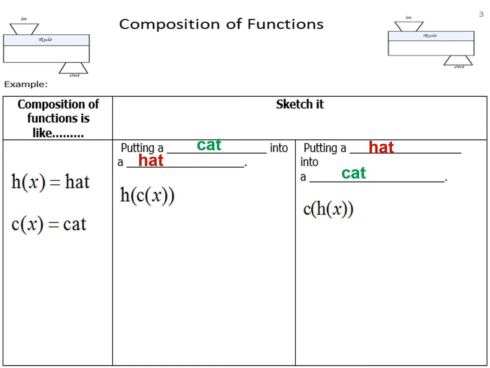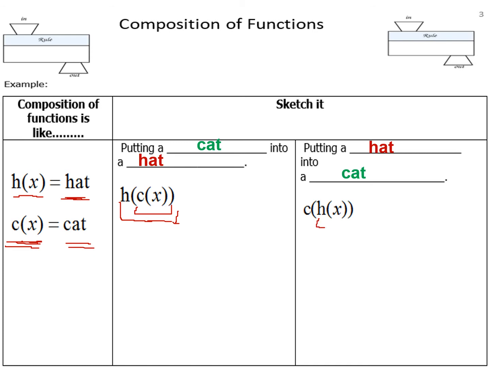So our function h of x is going to represent a hat. Our function c of x is going to represent a cat. When we talk about this composition function, we're starting with the inner function, the cat, and we're going to take the cat and put it in our outer function, which is the hat.